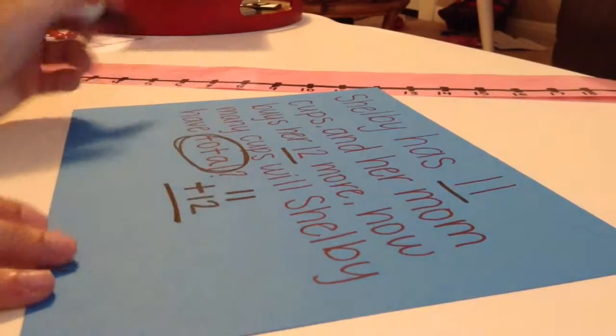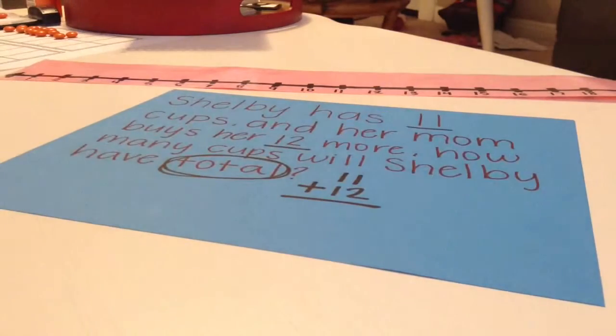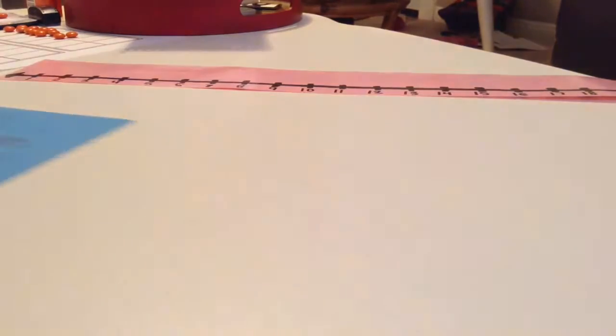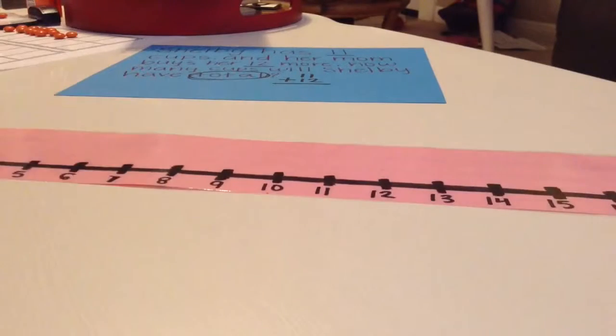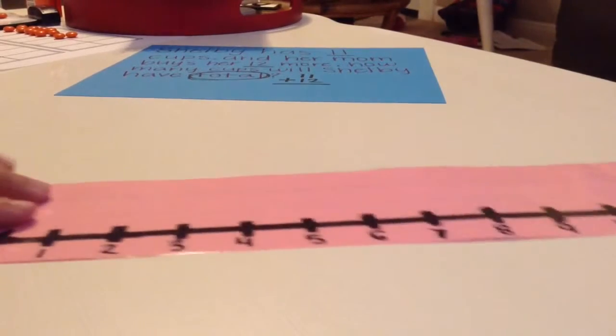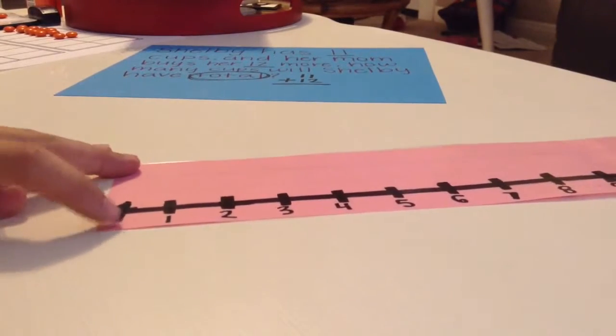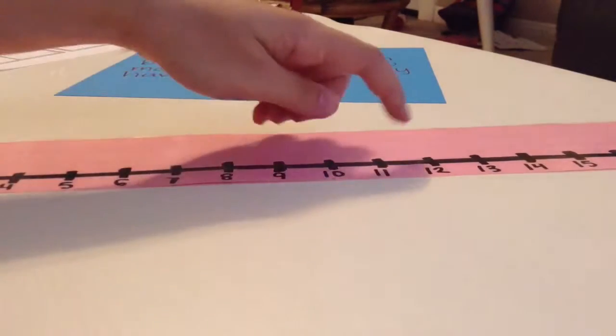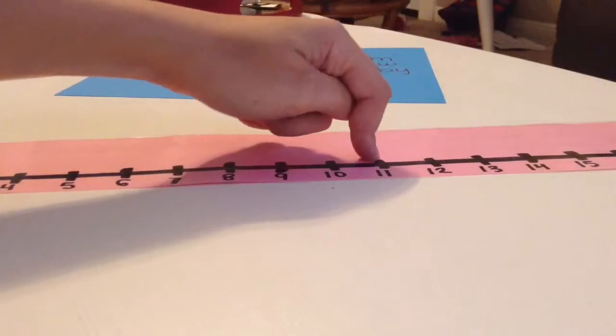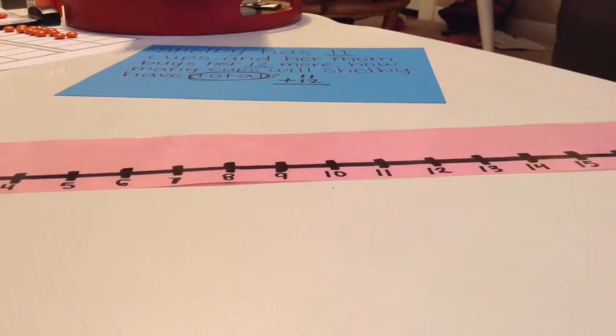So, a way that we can find this is by using a line graph. So, I'm actually going to pull this aside real quick. Here, I'll put it right there. And so, if Shelby has 11 cups, so here's 1, and we're going to find 11. So, if she has 11 cups, let's make a dot right there.